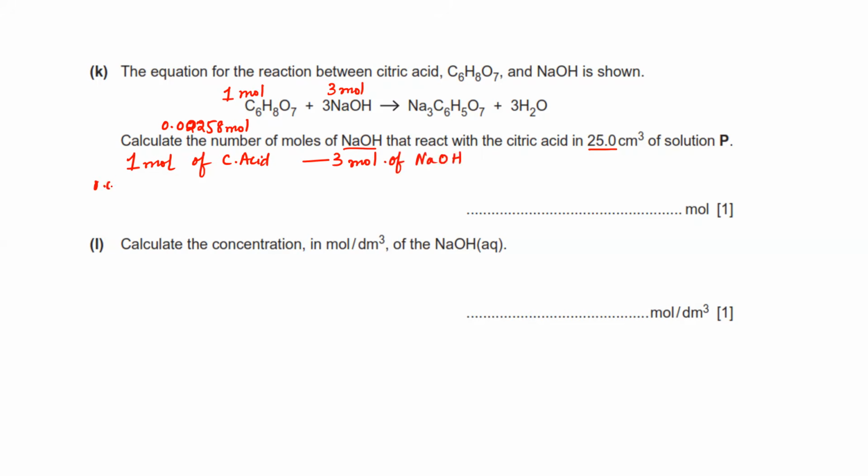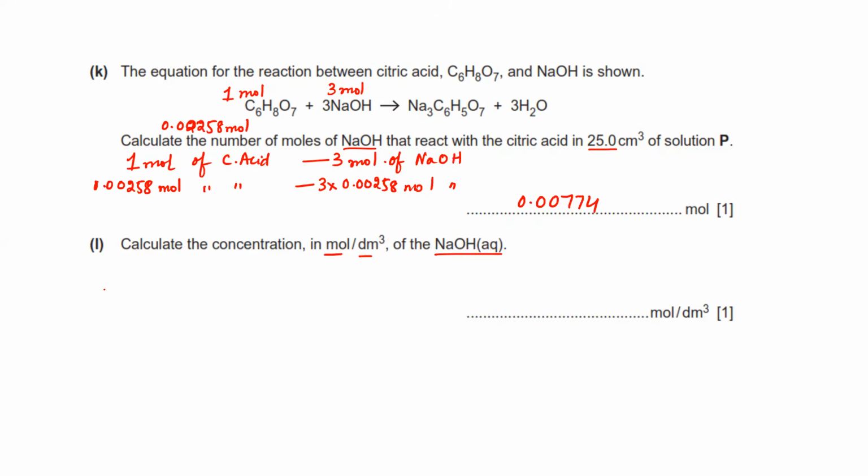And actually in the reaction we have 0.00258 moles of citric acid. They will react with 3 multiplied by 0.00258 moles of NaOH. If we do the multiplication, that will give us 0.00774 moles.